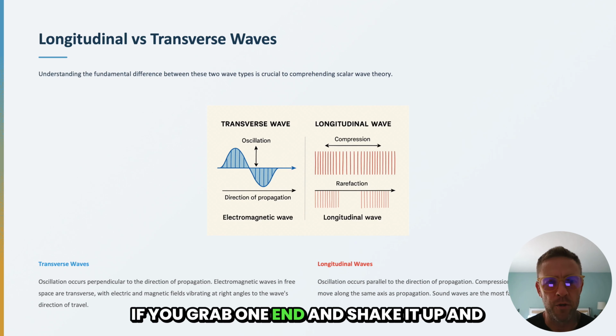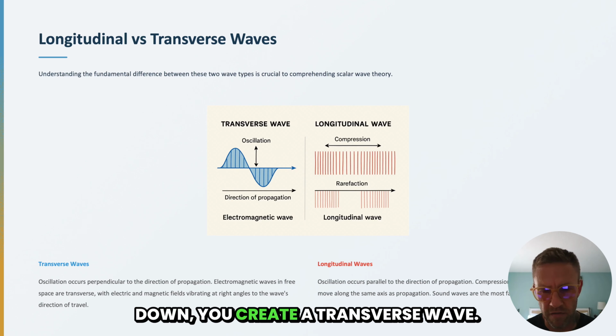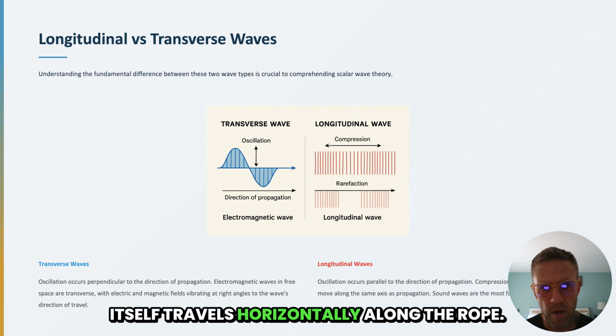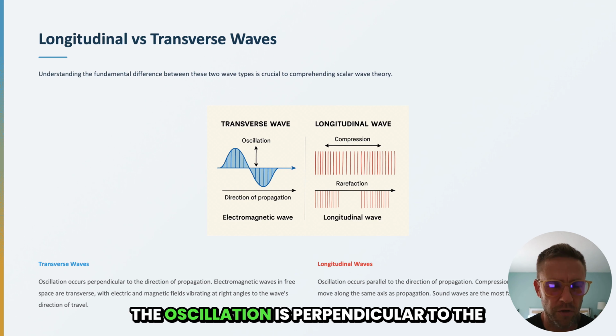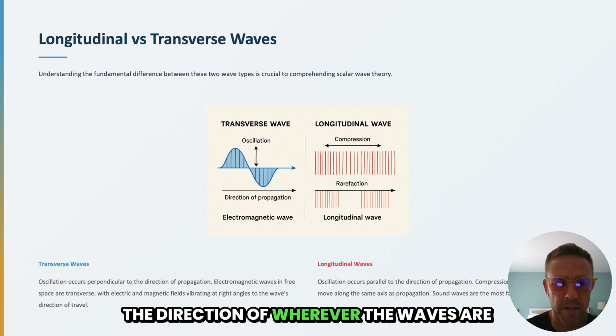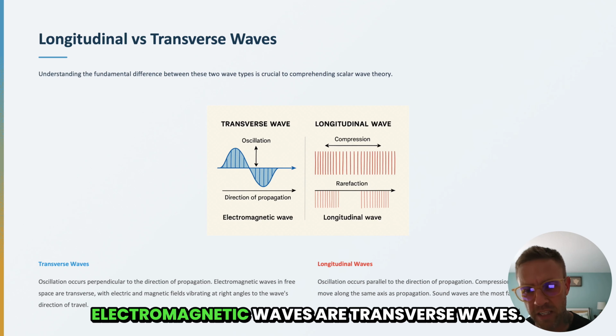If you grab one end and shake it up and down, you create a transverse wave. The rope moves up and down, but the wave itself travels horizontally along the rope. The oscillation is perpendicular to the direction of propagation, which just means the direction of wherever the waves are traveling. Electromagnetic waves are transverse waves.